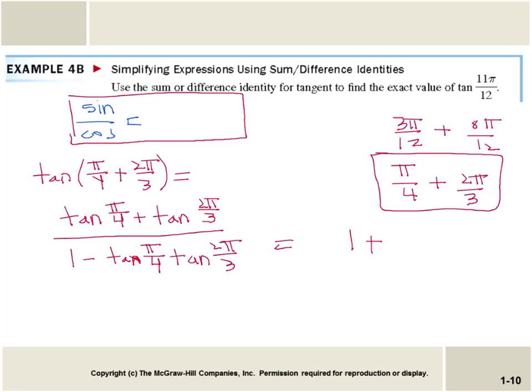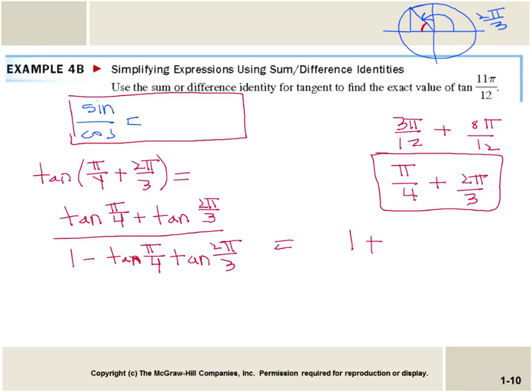Okay, so let's look at a unit circle. If we're in quadrant 2, and this is 2 pi over 3, my reference angle is this little piece here.